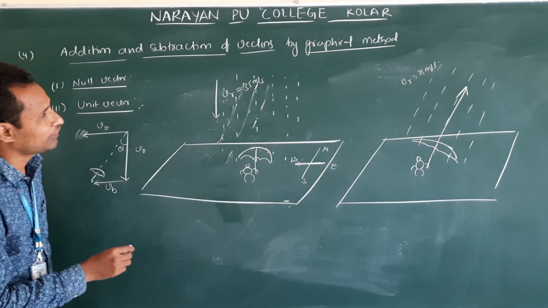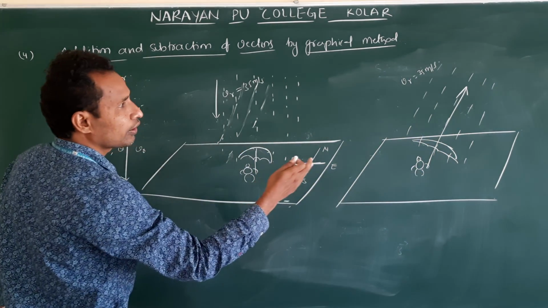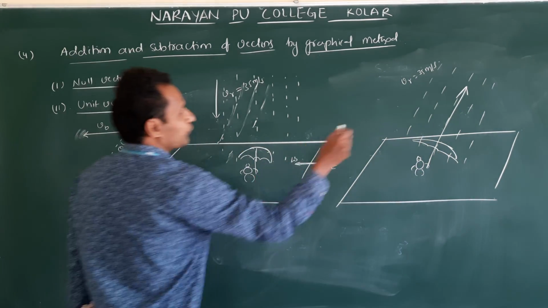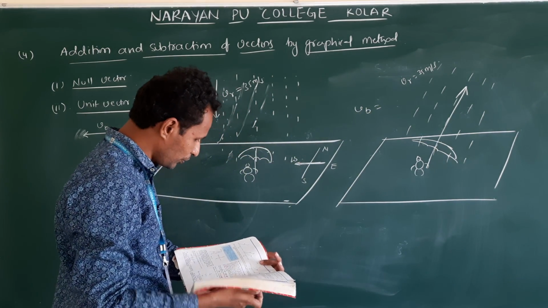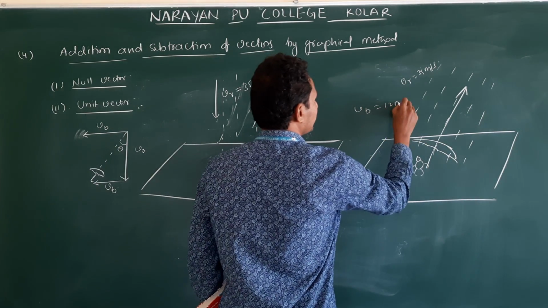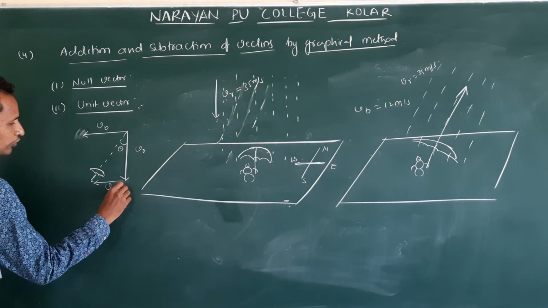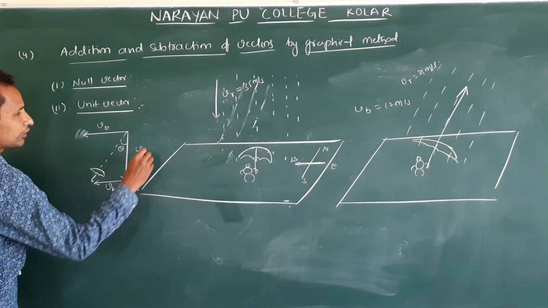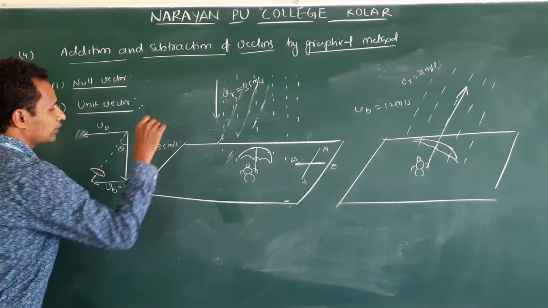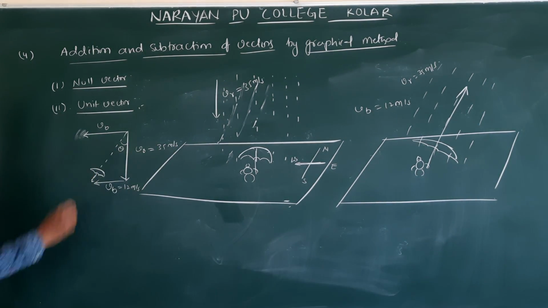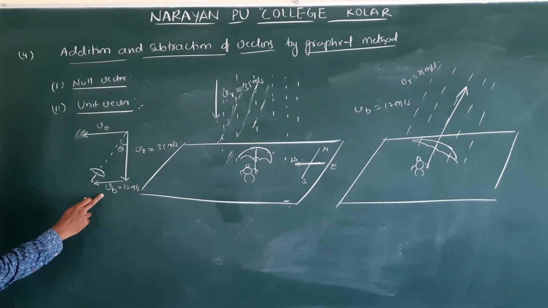What is the velocity of wind in this case? I did not write it. So the velocity of wind is in this direction. So Vb is equal to, what is that? Vb is 12 meters per second. Clear? Now Vb is equal to 12 meters per second, and Vr is equal to what? 35 meters per second. Right? Theta they are asking. Which trigonometrical ratio is involved?